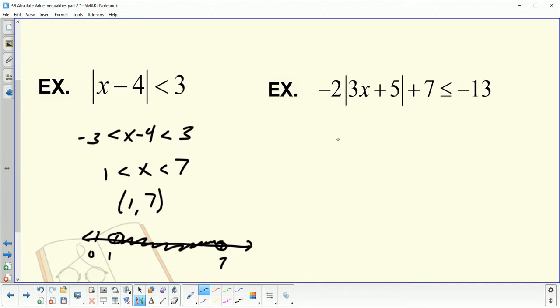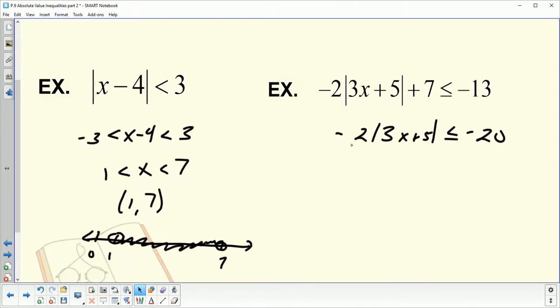So we're going to subtract 7 on this first one, and that's going to give us less than or equal to negative 20 now, and then I'm going to divide by negative 2. Okay, just like compound and linear inequalities, when you divide by a negative, you need to switch that symbol.